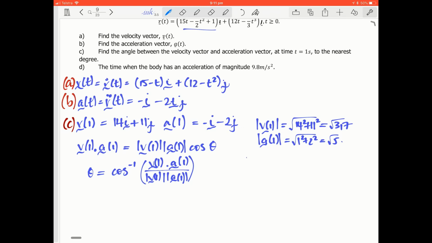So we've got our bottoms. What is v1 dotted with a1? 14i times negative 1 is negative 14, plus 11 times negative 2 is, so minus 14 minus 22, which is minus 36. Okay, so we've got theta is equal to cos inverse of negative 36 on root 317 times root 5.